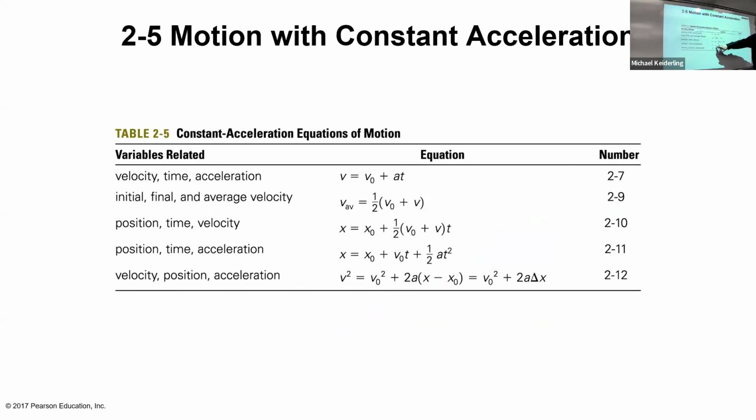Or more usefully, position is initial position plus initial velocity times time plus 1/2 acceleration times time squared. And then lastly, final velocity squared is initial velocity squared plus 2 times acceleration times displacement, the change in position. Any questions about these? These are the primary equations you're going to be using.